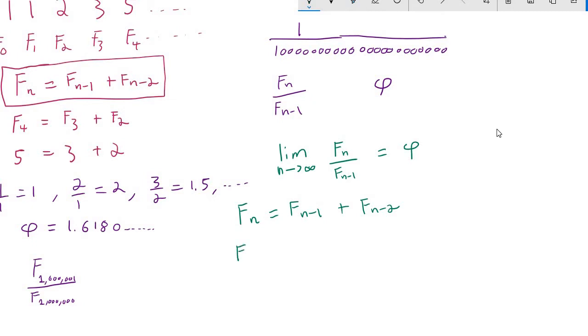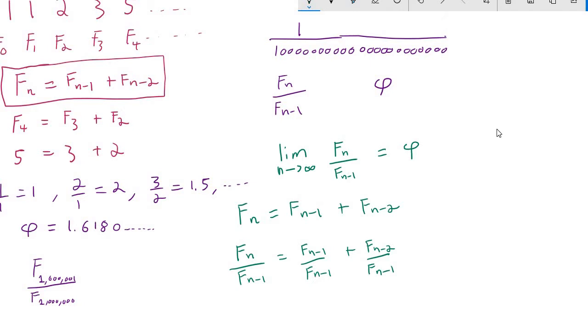So we get Fn divided by Fn minus 1 is equal to Fn minus 1 divided by Fn minus 1 plus Fn minus 2 divided by Fn minus 1.